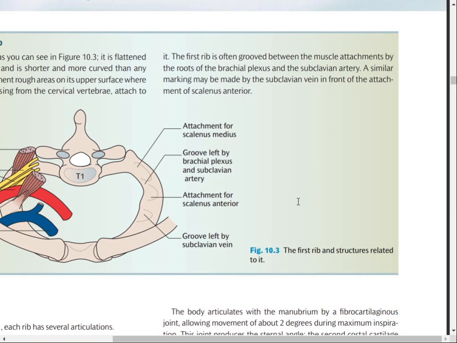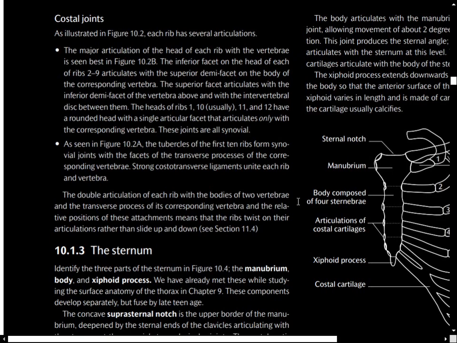The first rib and structures related to it. Costal joints. As illustrated, each rib has several articulations. The major articulation of the head of each rib with the vertebrae is seen best.